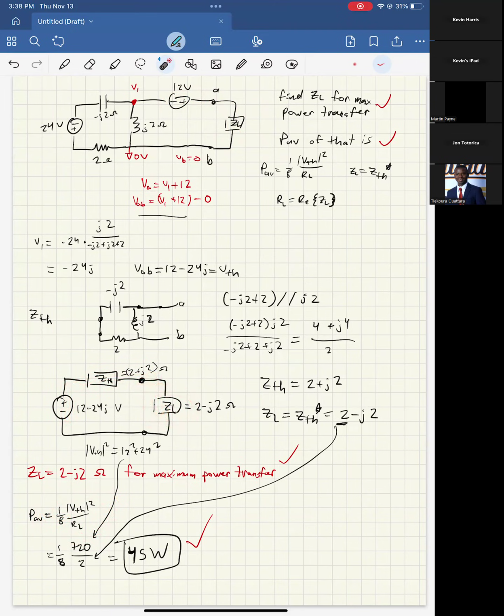Because when you have ZL be the conjugate of ZTH, if I add these two in series, this and this are going to cancel. You have 2 plus j2 plus 2 minus j2, and you end up just getting 4, which is a real number. So that's why it has the maximum power transfer. Hopefully that makes somewhat sense.